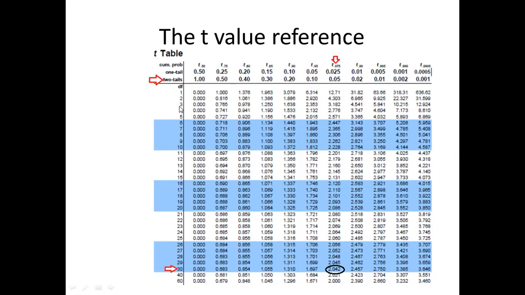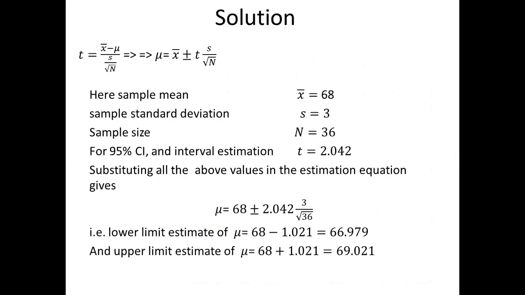In our case, the sample standard deviation was 3, but the sample size was 36. So this makes a degree of freedom of 36 minus 1, that is 35.